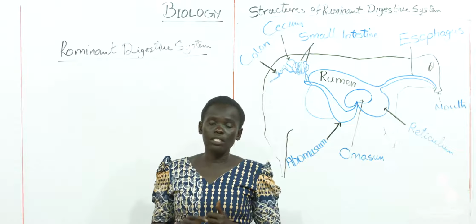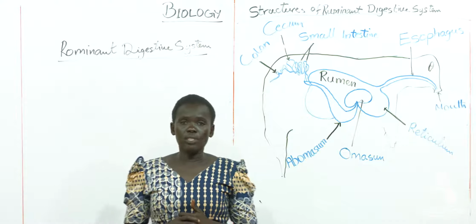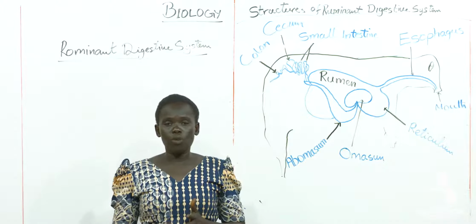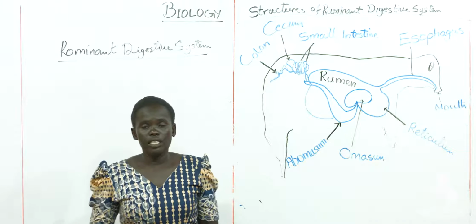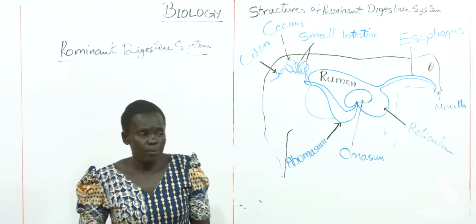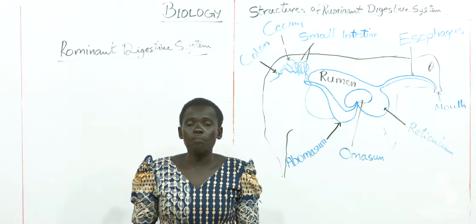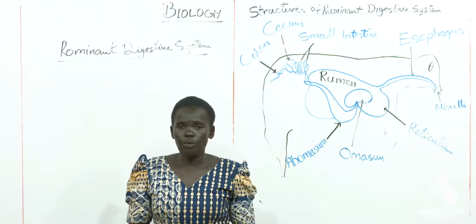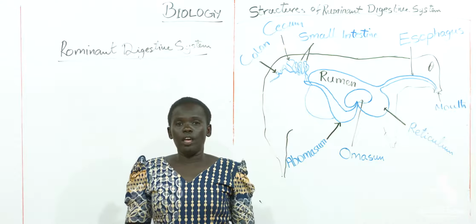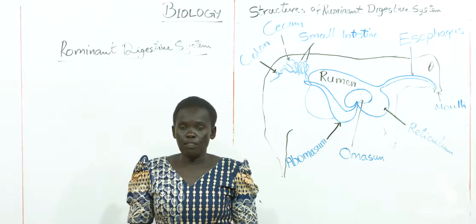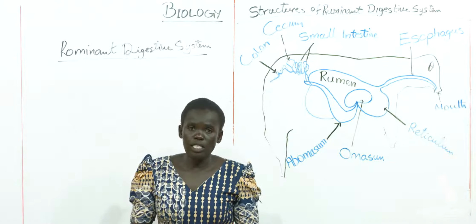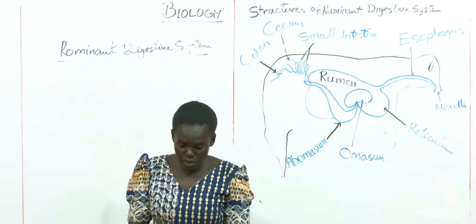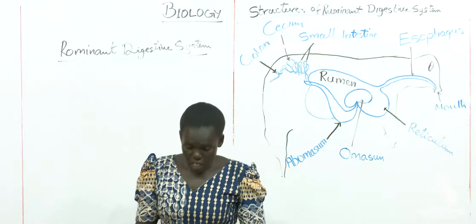The second one was the avian digestive system, the digestive system in birds, meaning the chicken we have at home, the pigeon, and the other wild birds. So this is the third type, the ruminant digestive system.